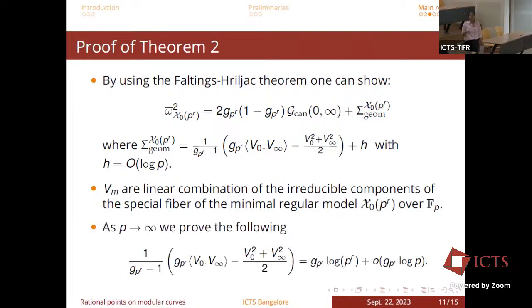Then we prove this asymptotics, that this part is equal to g p^r plus little g p^r log p as p goes to infinity. Together with the analytic contribution, we get omega bar squared of X_0(p^r) is 3g p^r plus little g p^r log p as p goes to infinity. Now some outline of how we prove this.